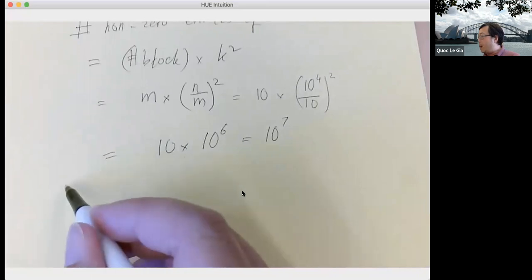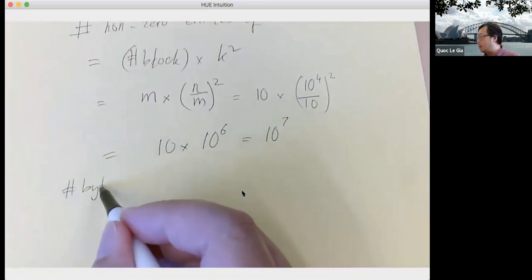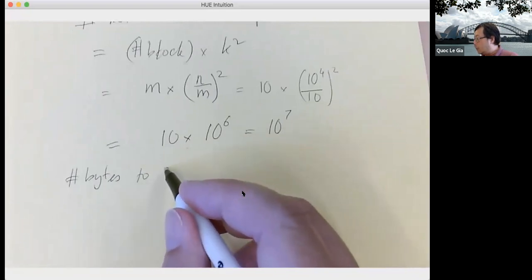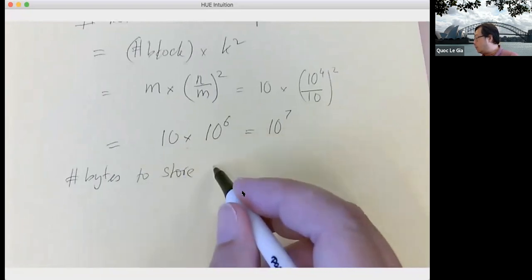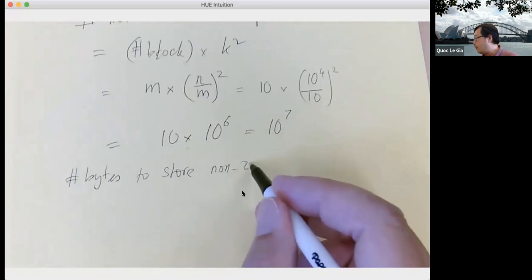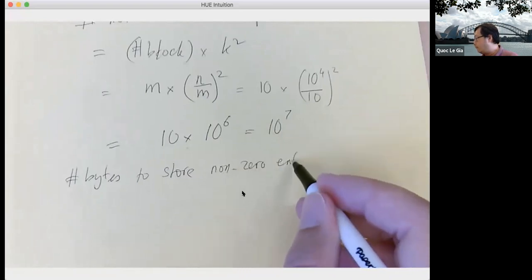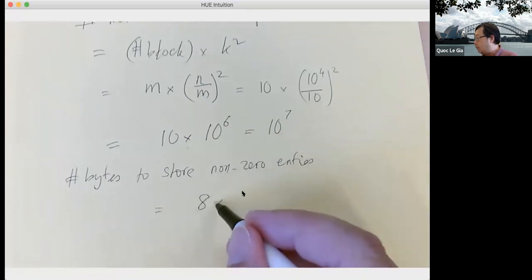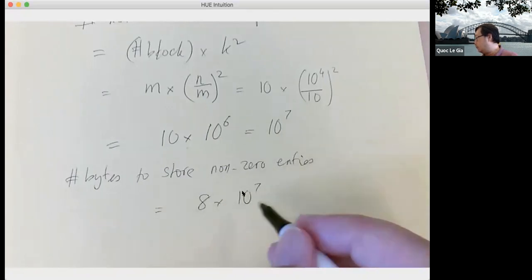And then the number of bytes to store the non-zero entries is just 8 times 10 to the 7.